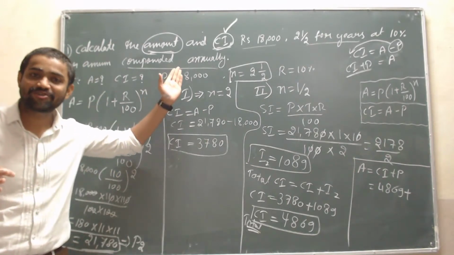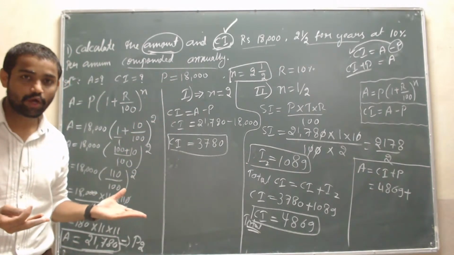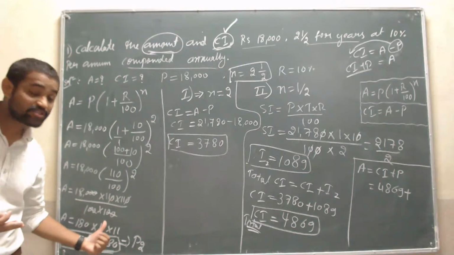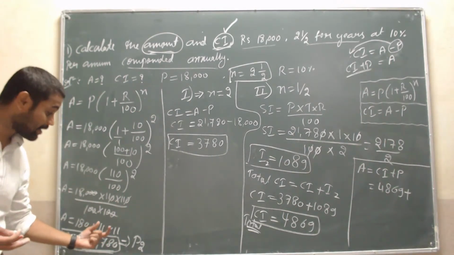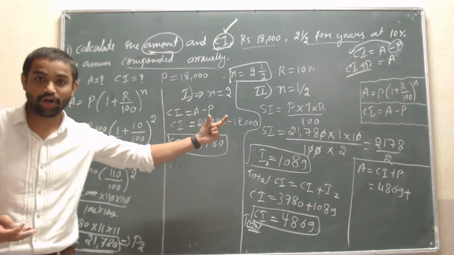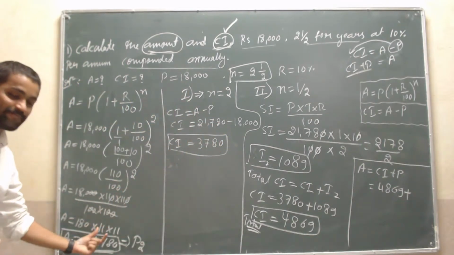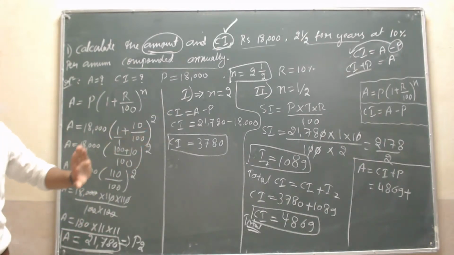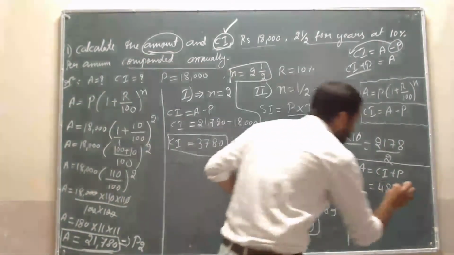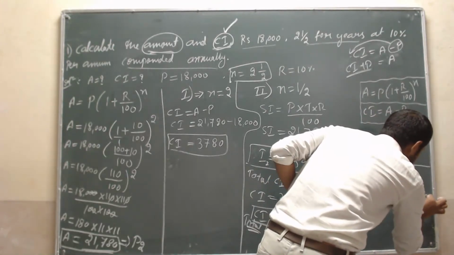Whatever is given in the question, we have to take that. Because we are finding the compound interest here, compound interest for the second year or the half year, that's why we have taken this as the principal amount.